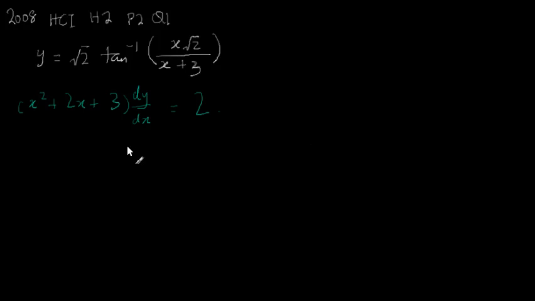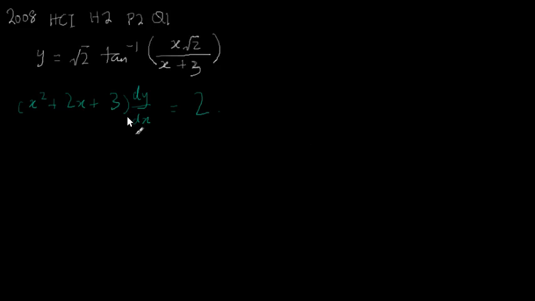Now we want to find the Maclaurin series, and we need to differentiate this again. We need to differentiate y up to 3 times. So I'll do it by differentiating this whole equation. So let's see how it works. If I differentiate, say, the left hand side, using the product rule.